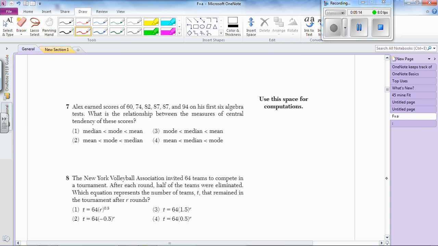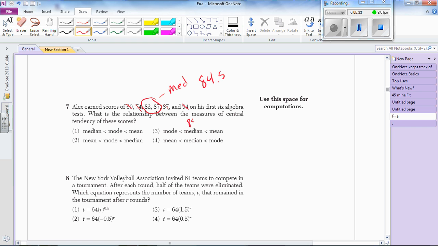Alright, these are already in order. Notice there are 6 of them. So these two are the median, and the median then would be equal to the average of those two. The average of those two, believe it or not, I believe is 84.5.